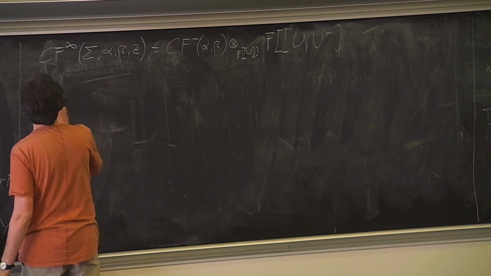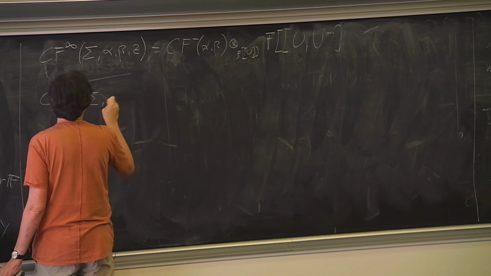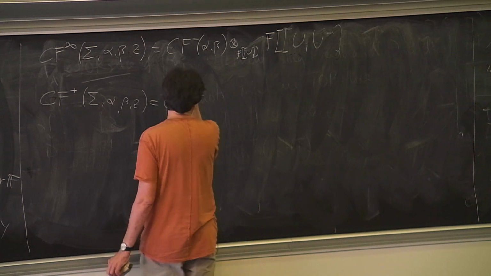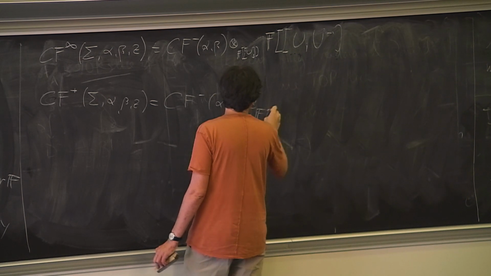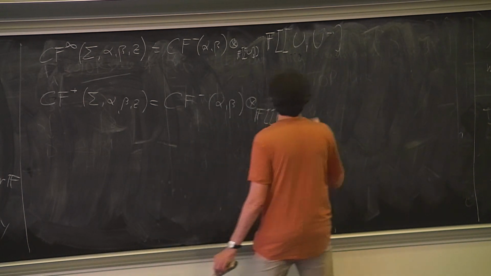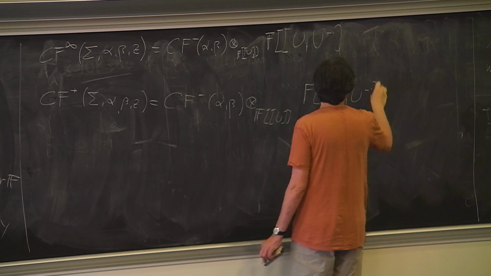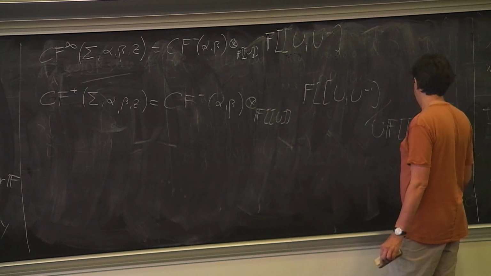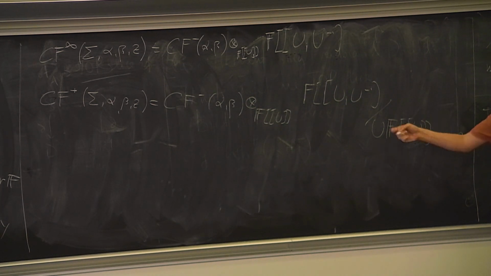And then we have CF plus, which is equal to CF infinity tensor over the power series ring with the quotient of this divided by U times the ideal of power series which has only exponents which are strictly positive.